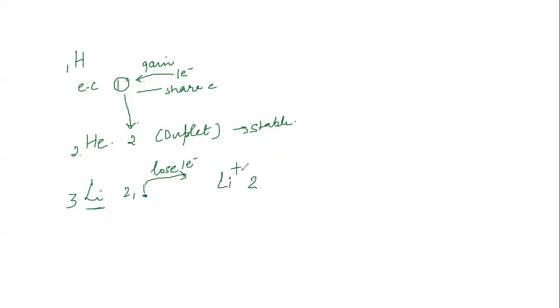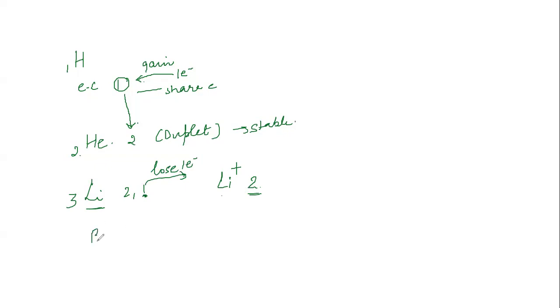That will give it a positive charge, and we'll say that lithium has formed a cation or a positive ion. This is how lithium will become stable by completing its duplet. And again, elements try to become stable by acquiring the electronic configuration of their nearest noble gas. For lithium, the nearest noble gas is also helium, and its configuration is like that.